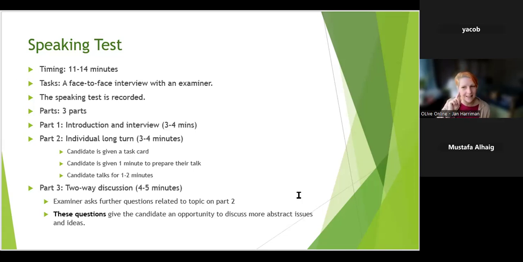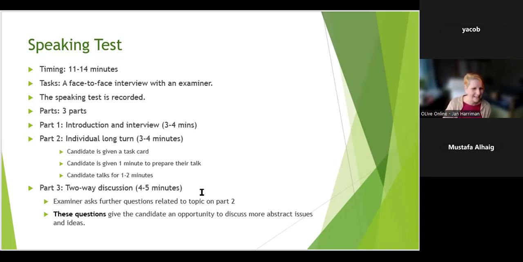Again, remember, listening to the questions and making sure you understand them really helps. So in part 1, it's important to listen to the questions so that you're answering the one that was asked. And in part 3, they're asking you to extend your grammar. All right. Because their job is to be your advocate. Their job is to see how high you can go on the speaking exam.